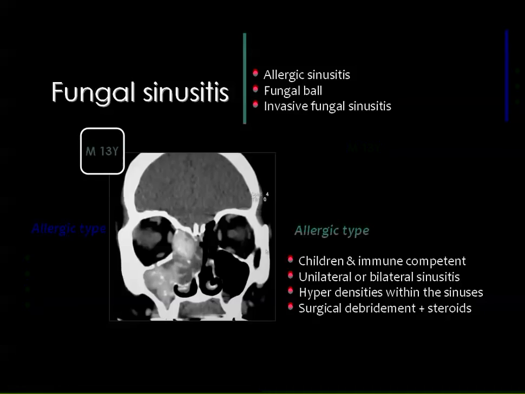One of the basics for the diagnosis of fungal sinusitis is the detection of hyperdensities inside the opaque sinuses. These hyperdensities are seen even without injection of contrast media, and this is one of the diagnostic criteria of the presence of fungus inside the sinuses.